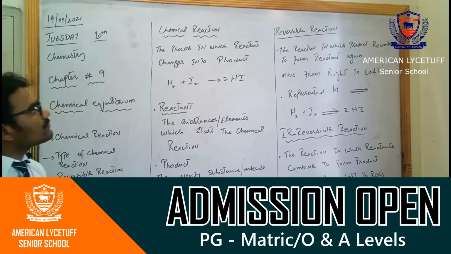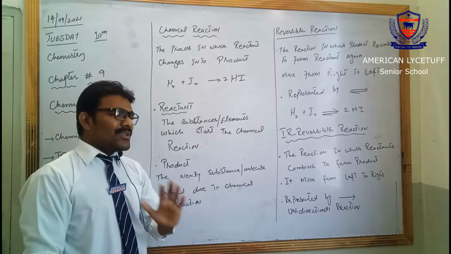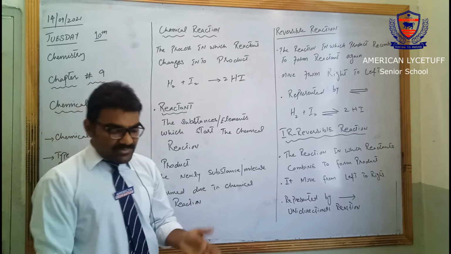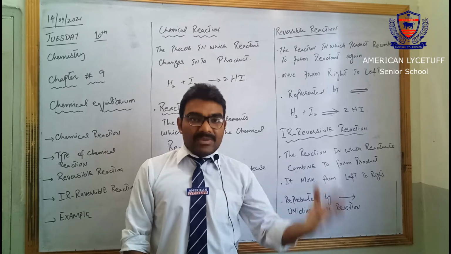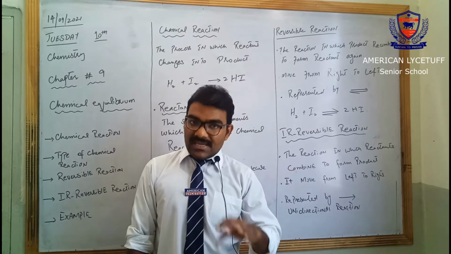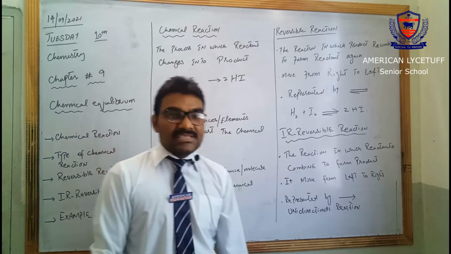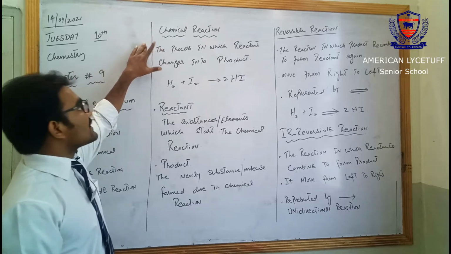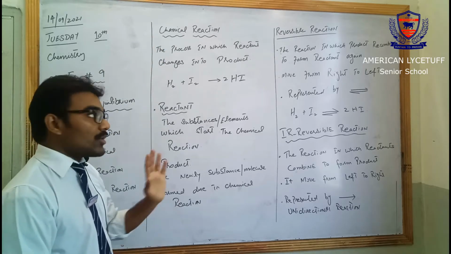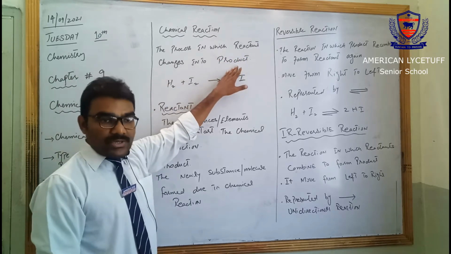Let's start. What is a chemical reaction? It is a very common question regarding chemistry, because in chemistry we are dealing with chemical reactions, substances, reactants, so we have to know the proper definition of these terminologies. Now, what is a chemical reaction? A chemical reaction is a process in which reactant changes into product.